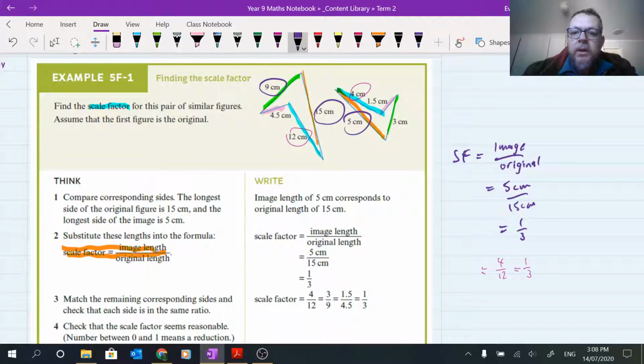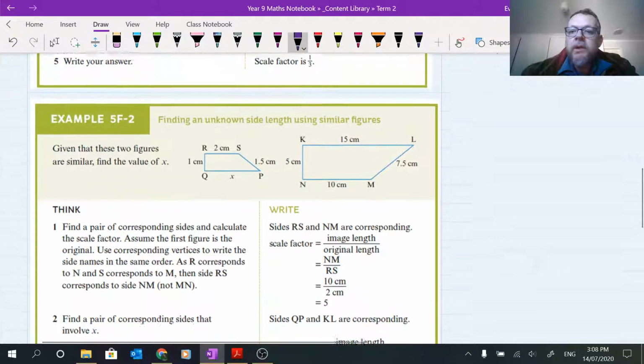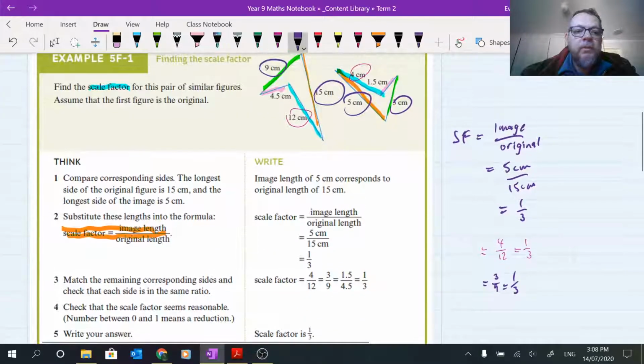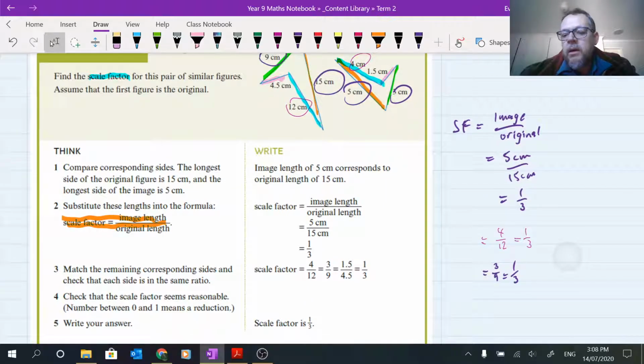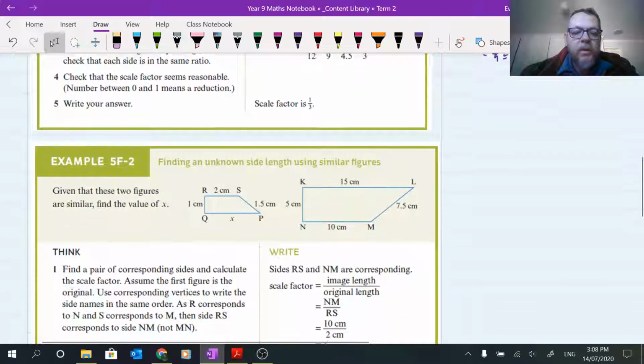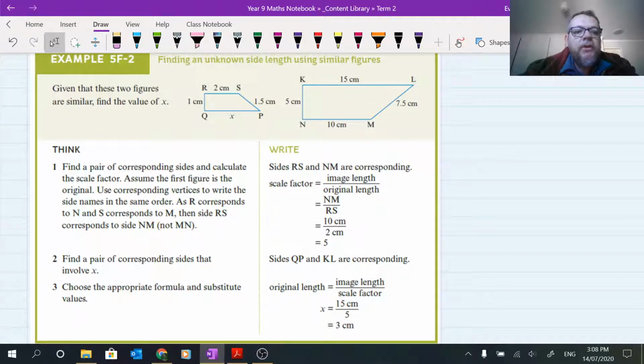So we've got a 9 and a 3. Well, that's 3 over 9, which is the same as saying 1/3, and so on. So we just need to make sure that all of those are in proportion if they are going to actually be similar as well.